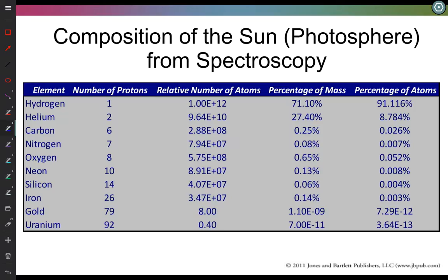Based on that information, this is what has been calculated to be the composition of the sun. The sun is, by number of atoms, 91% hydrogen. By mass, only 71%. Can anyone give an explanation why it's 91% by number of atoms, but only 71% by mass?